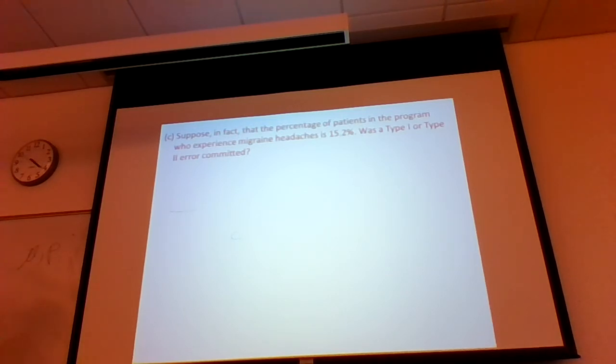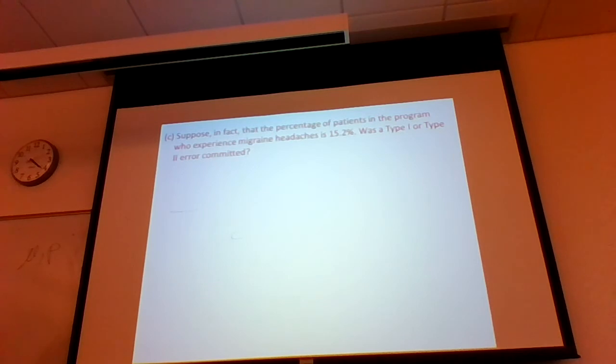So let's see. How many people think this is a type 2 error? Raise your hand. I think it's type 1. We rejected it, because in fact the percentage of patients in the program who experience migraine headaches is 15.2%.